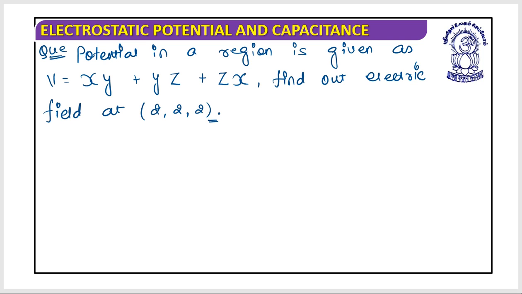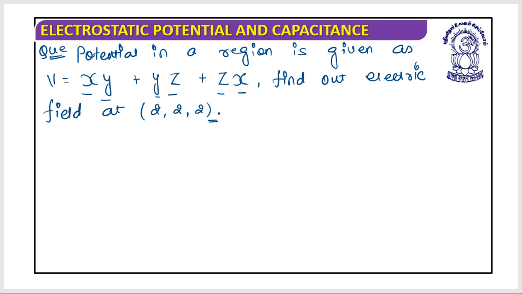Now, go through this once, and I will let you know what the difference is. Here they have given a potential, and that is given as xy + yz + zx. That means they have given the potential of a certain specific region in 3D. It's three-dimensional.